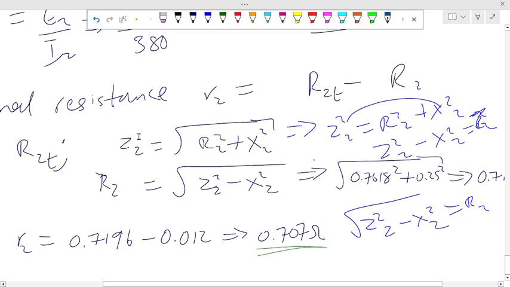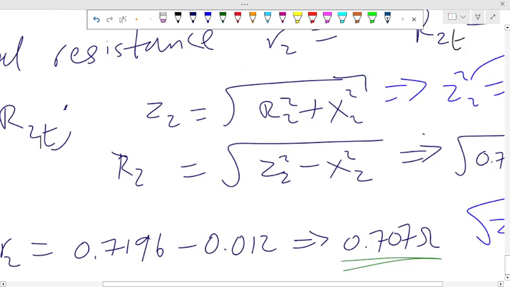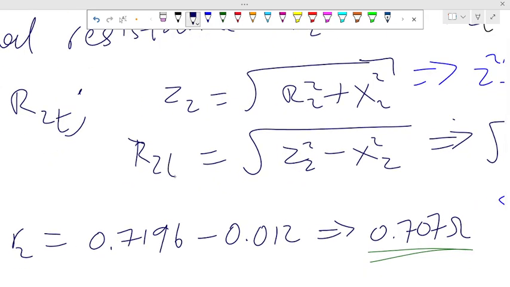So when you bring this square root this way, you have Z squared, R squared, X squared, and then you just make R2 subject formula by bringing X this way. You now have Z2 squared minus X2 squared equals R2, and then when you square both sides, you now have R2 square root this. Okay, so sometimes I just like to call it new R2.